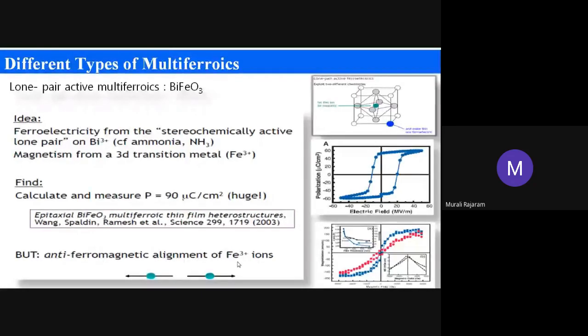But if you grow it as a thin film, you can have a ferromagnetic property with huge electric polarization. So people have started working on thin films or nanoparticles, nanomaterials of bismuth ferrite, where you can have a ferromagnetic and a ferroelectric polarization. Okay.